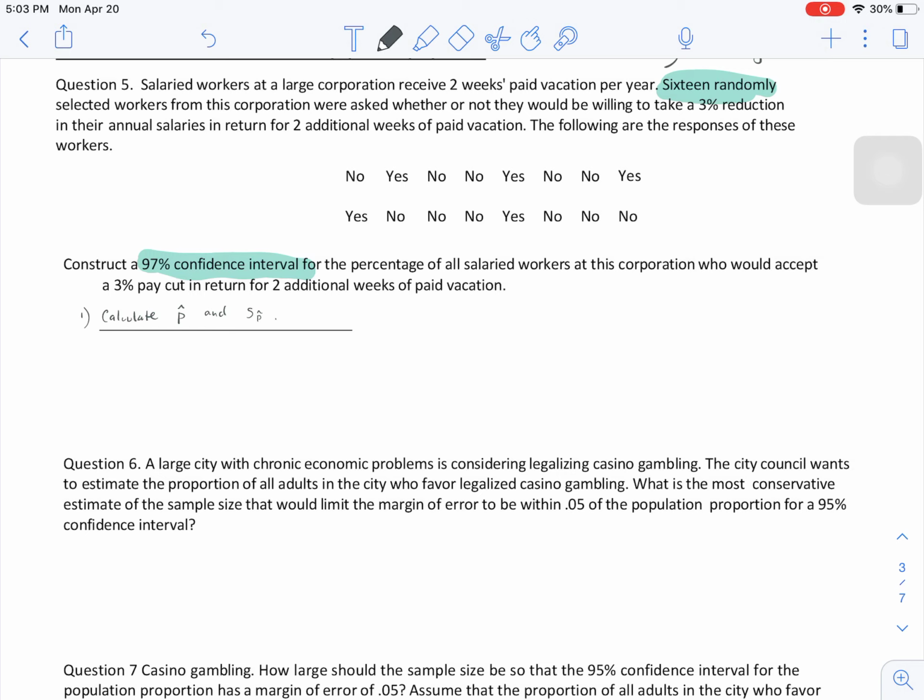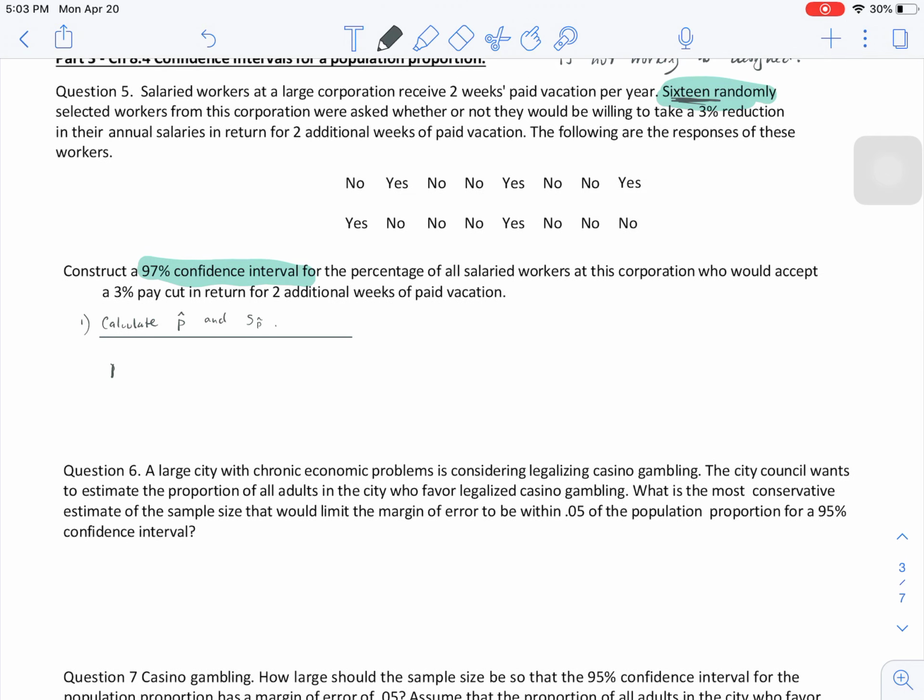Remember our sample size is 16. We want to count the number of people in our sample who had said yes, and divide that by 16, our sample size. So I can count, there's 1, 2, 3, 4, 5. 5 people who said yes to this deal, who accepted it. So our sample proportion is 5 out of 16, or about 0.313.